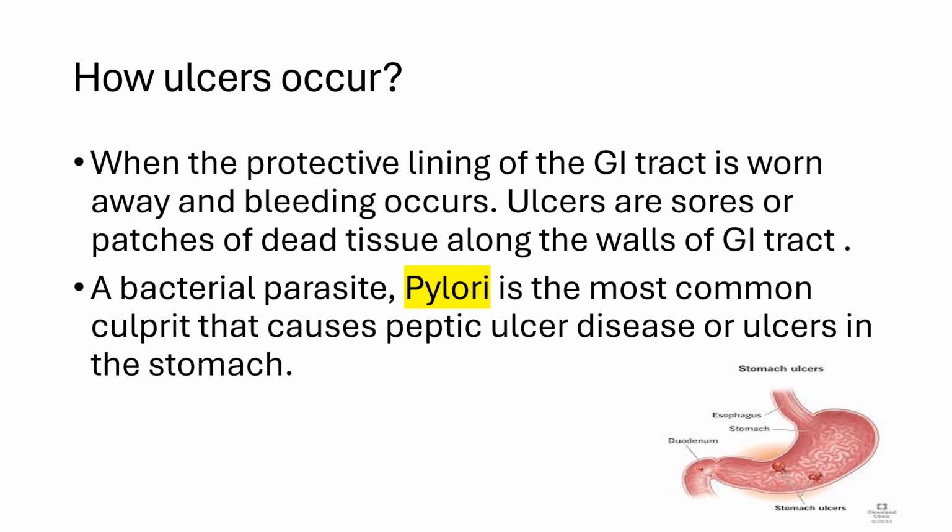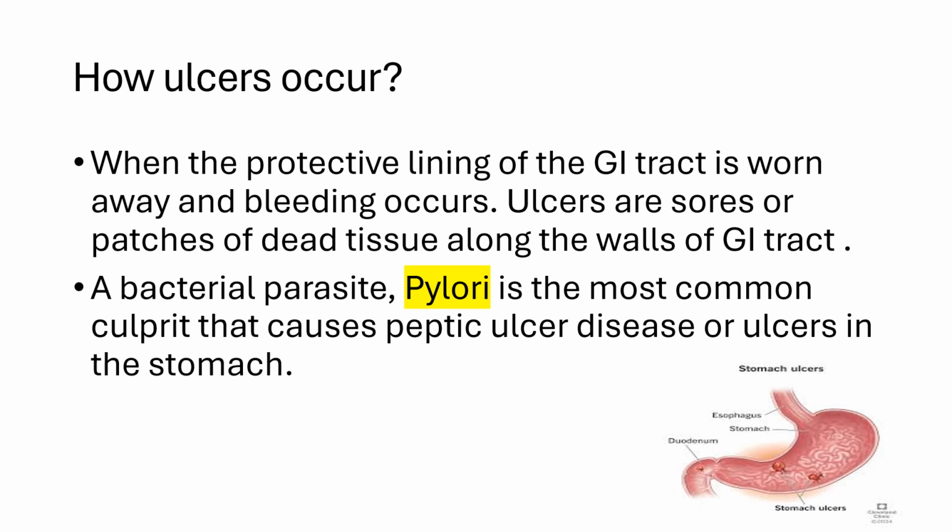They are patches of dead tissue along the walls of the GI tract. When the protective lining is worn away and bleeding occurs, we say an ulcer has occurred.